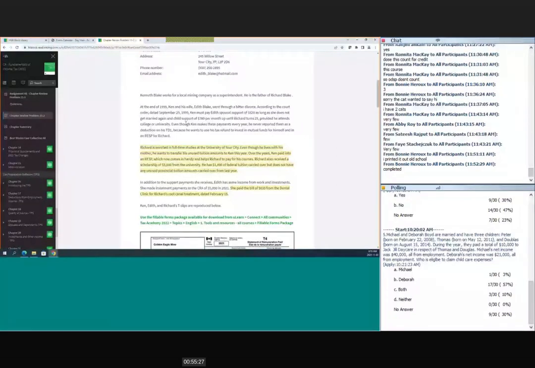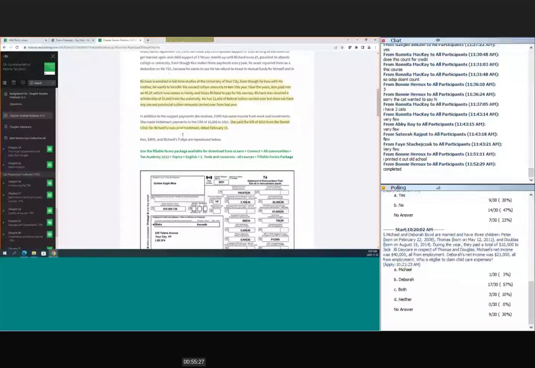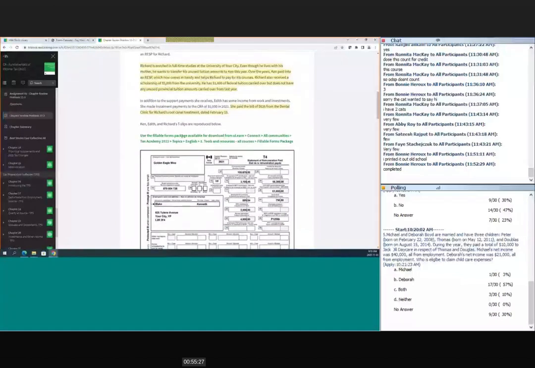It's not relevant. Even though Ken makes these payments every year, he never reported them as a deduction on his TD1 because he wants to use his tax refund to invest in mutual funds for himself and in an RESP for Richard. Richard, the son, is enrolled in full-time studies at the University of your city. Even though he lives with his mother, he wants to transfer his unused tuition amounts to Ken, his father, this year.